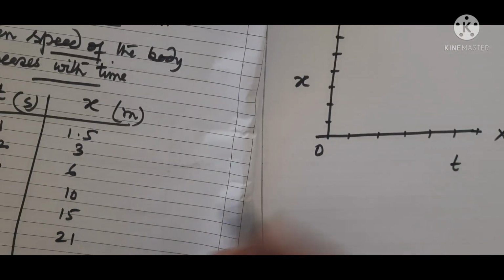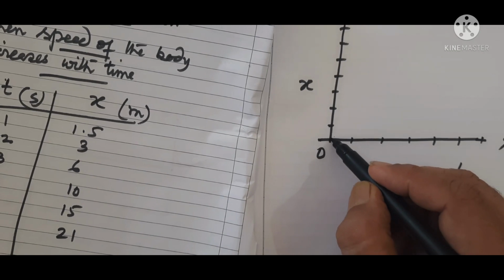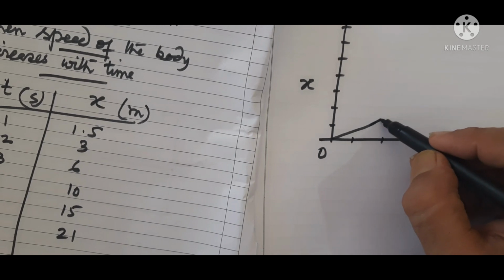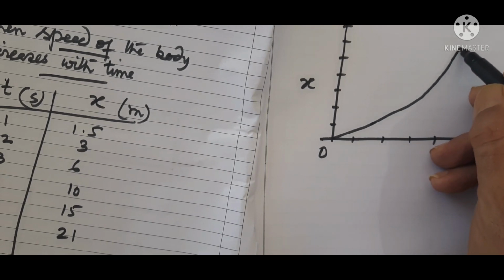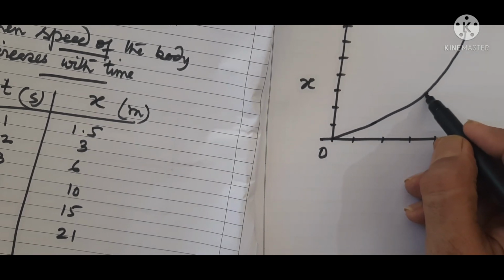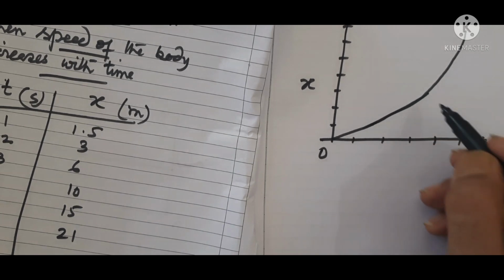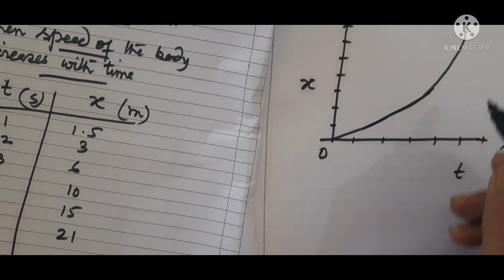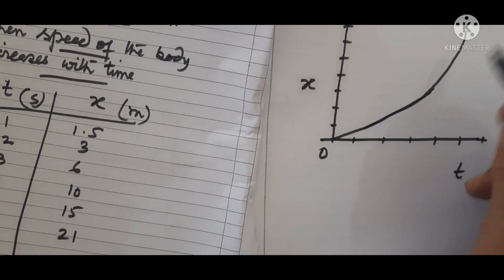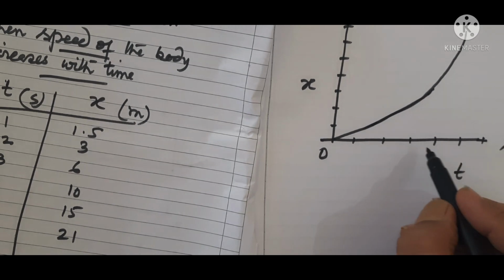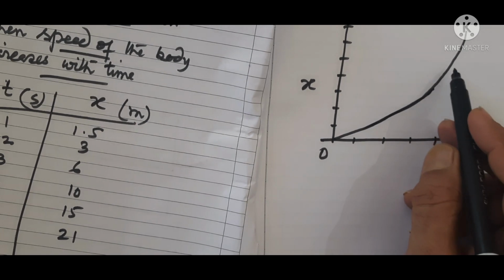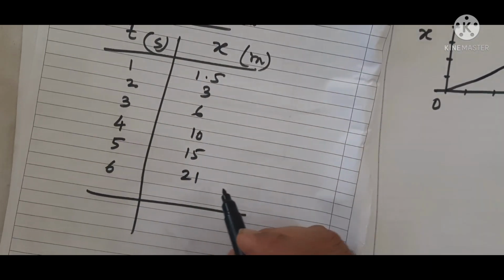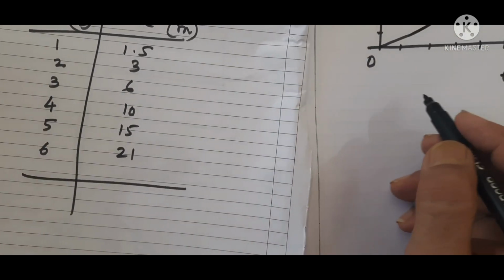If you are plotting it properly, you will find the graph will be in this manner. It is speeding up. For the same interval of time, the distance traveled is more as you go higher. So same data if you plot, you will find this.